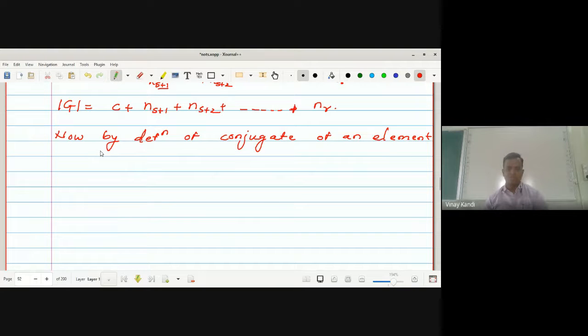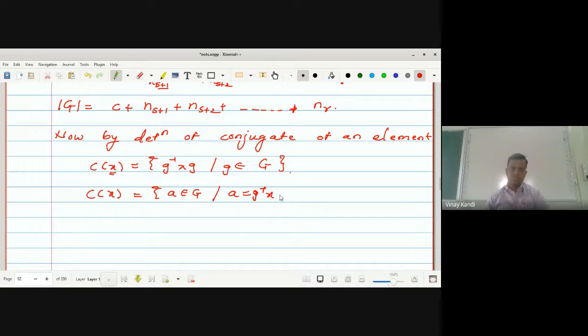Okay, now by the definition of conjugate of an element, conjugate of an element denoted by C of x is equal to all the elements of the form G inverse x G, where G belongs to capital G. We have to define and find out the conjugate of this x. Okay, see, conjugate of an element x is equal to, suppose A belongs to G, the collection of those elements belonging to G such that the relation between A and x is A is equal to G inverse x G, for some G belongs to capital G. I directly wrote it.